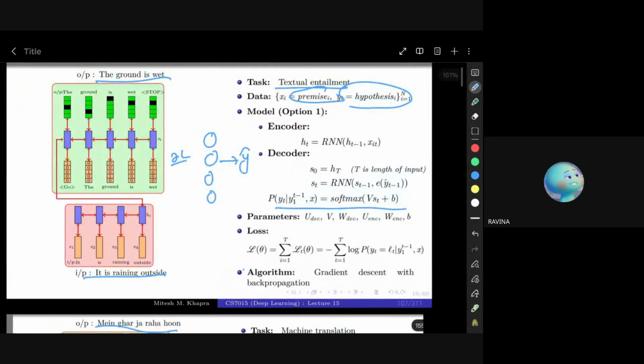So what we are doing in the encoder-decoder model is first encoding the information using an RNN model. Then we are passing that as S0. Till now in RNN we used to randomly initialize S0, or sometimes train it in some way, or you could just initialize it with zeros.